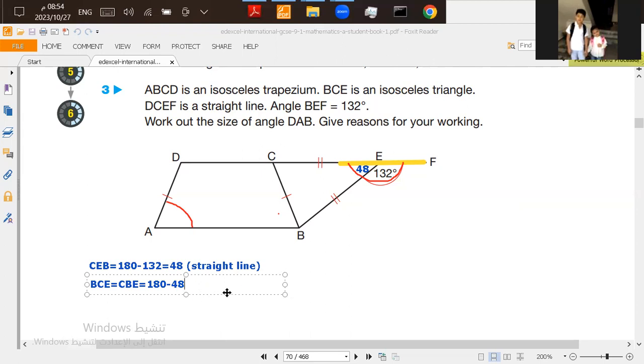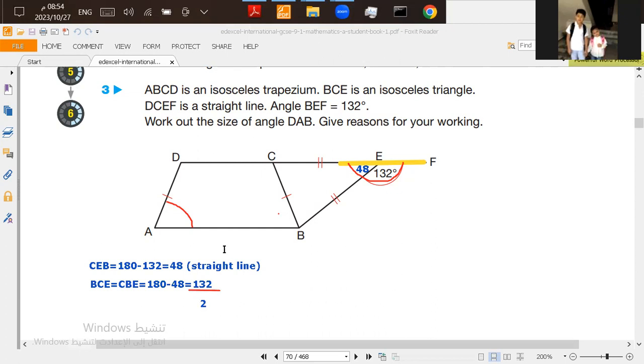And the answer is 132. As we said, 132 is these two angles together. And to find one of them, we're going to divide by 2. So I'm going to divide 132 by 2.